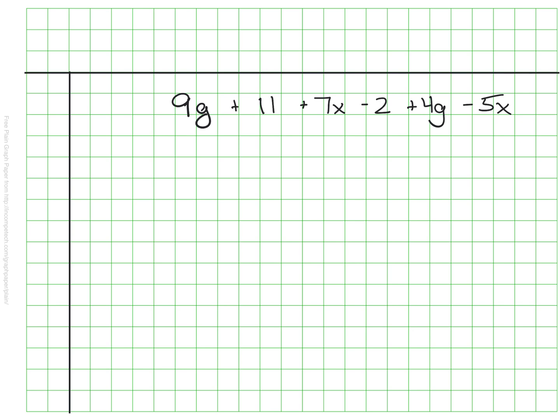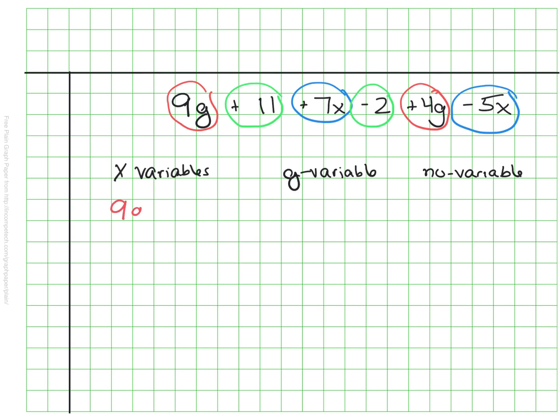All right, I'm going to use my color coding again, and I see that I have 9g's and 4g's. That's one group. I have 7 x's, and I am subtracting 5 x's. And then I have 11 with no variable, and then this minus 2 with no variable. So I have my 9g's plus 4g's in one spot, my 7 x's minus 5x in another, and without any variables, I have 11 and then a minus 2.